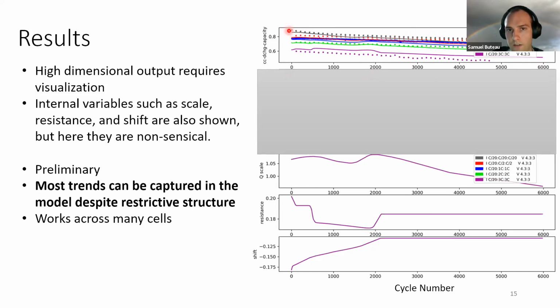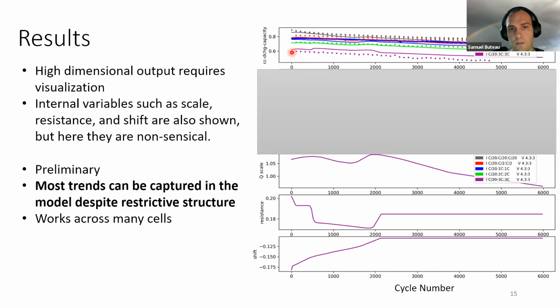Here the data are the dots, they're the real data, and the lines are the model. You have different cycle numbers, and then you have different colors. Each color represents a specific type of cycle, which has different observation conditions. Here, the main effect is that as you go down, the cell was discharged faster and faster.